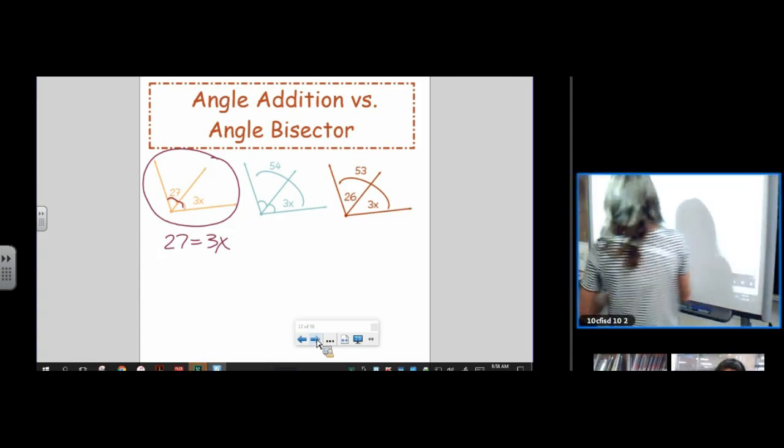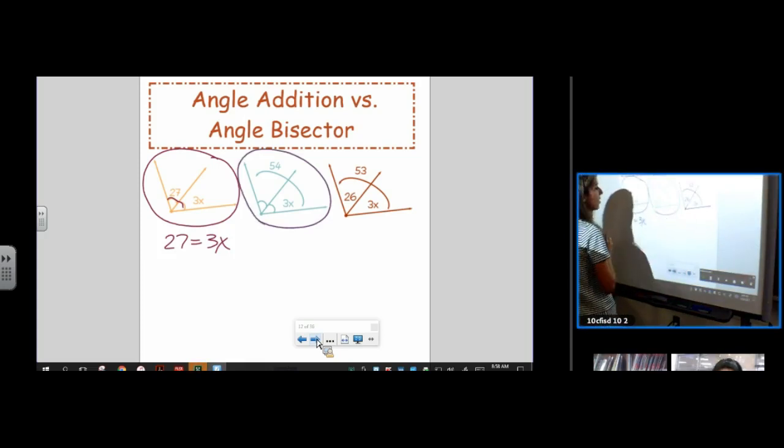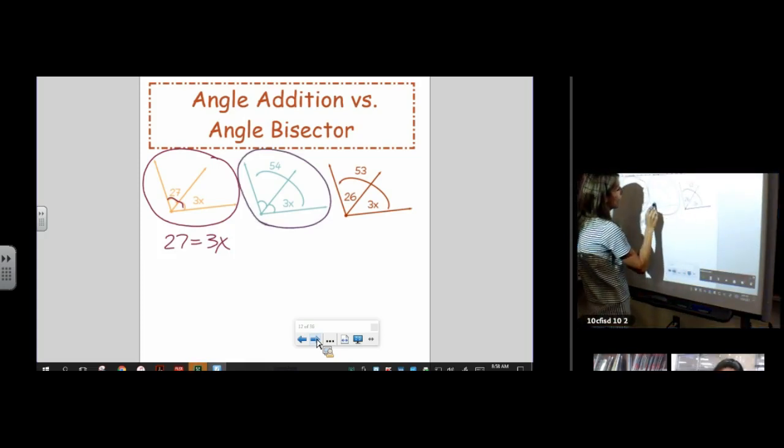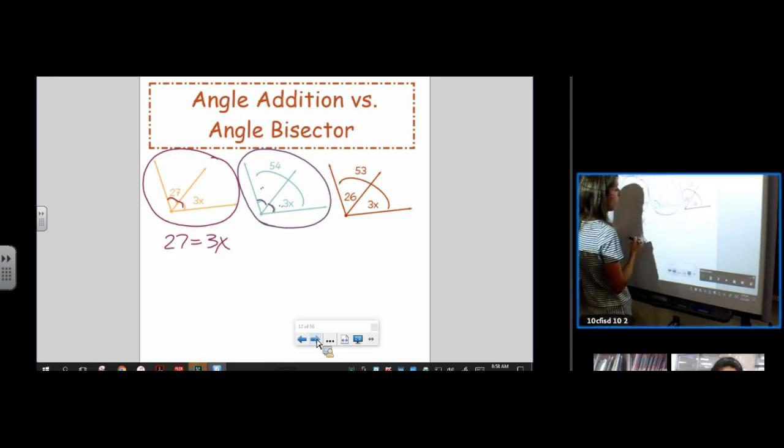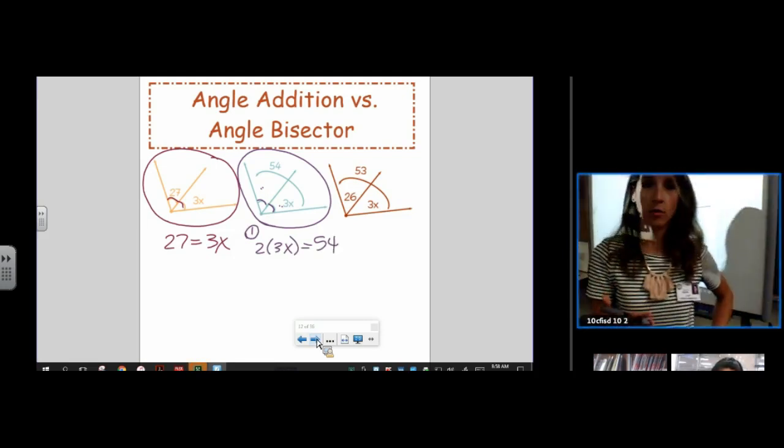Now, in situation number 2, when I see an angle that has been bisected, but they don't give me the two halves, they give me a half and a whole, I have two options. Option number 1, I can double the half, 3x, and set it equal to the whole thing.